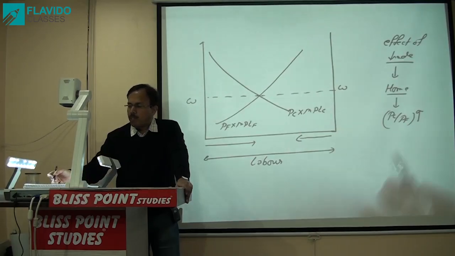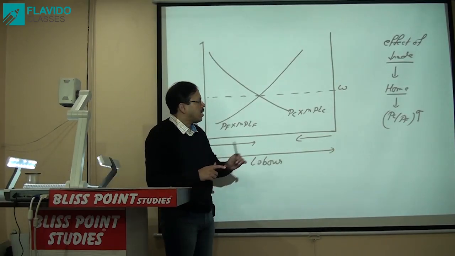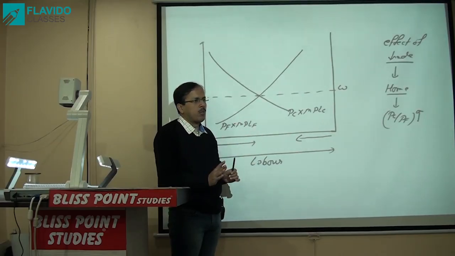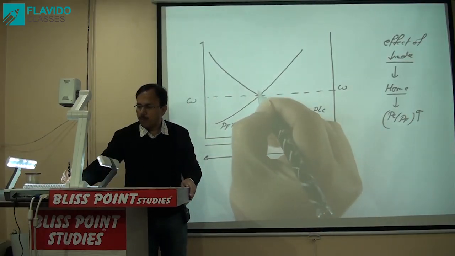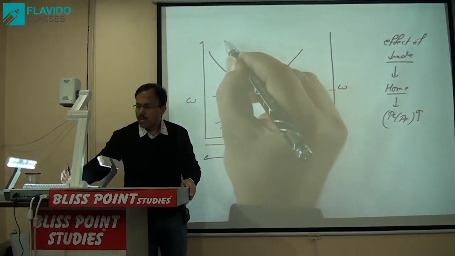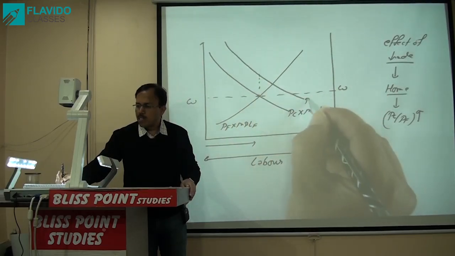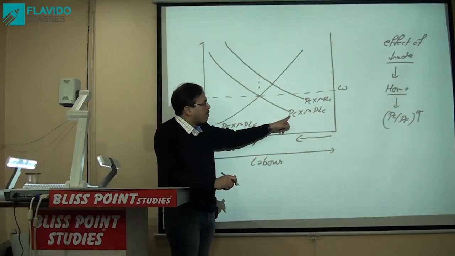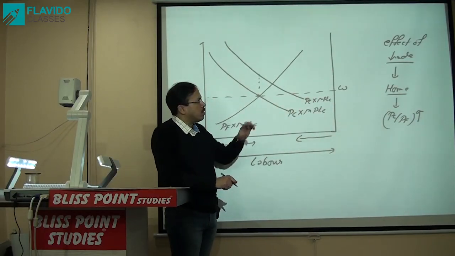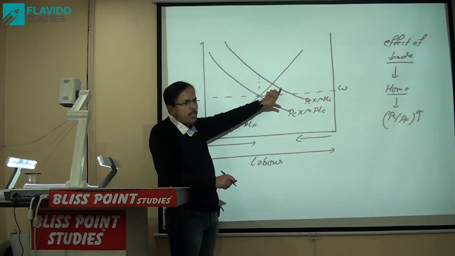To simplify the diagram, if price of cloth increases but price of food remains the same, the ratio will also rise. If price of cloth increases by 10%, we shift that diagram by 10%. Price of cloth multiplied by MPL: I am saying price of cloth rises by 10%, so this gap is 10%. At every point it will shift by 10%.